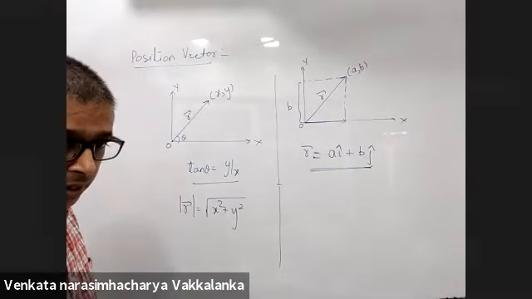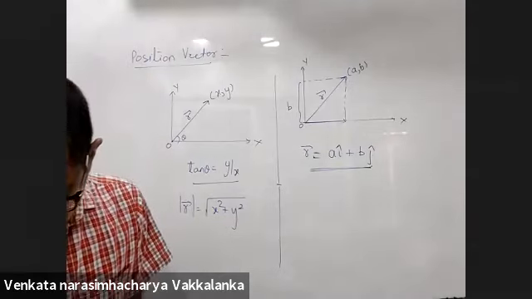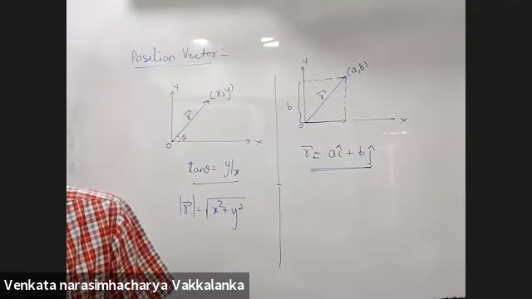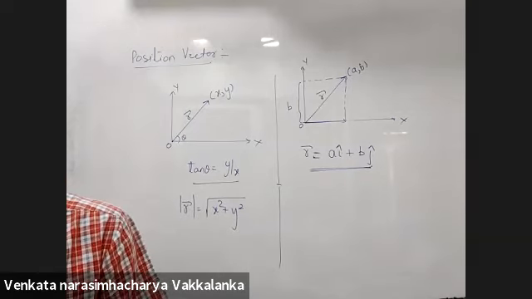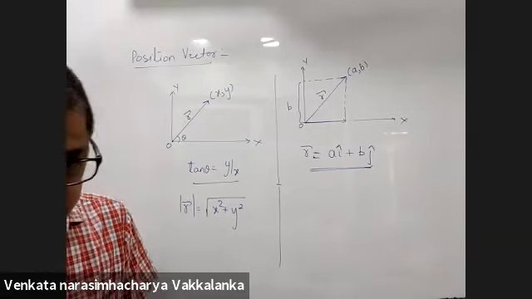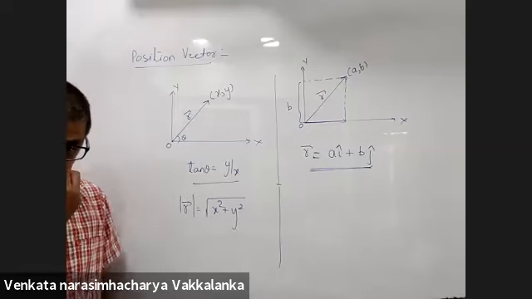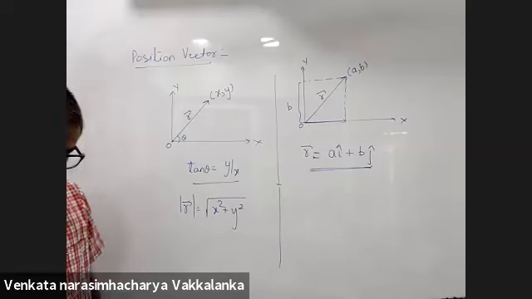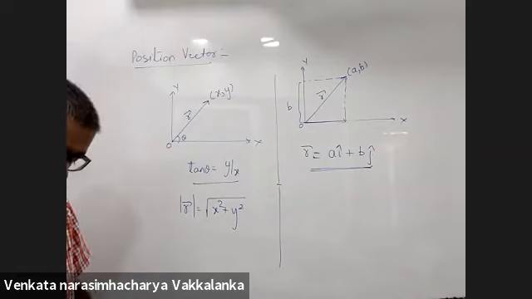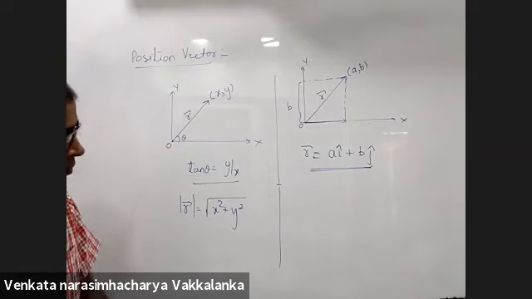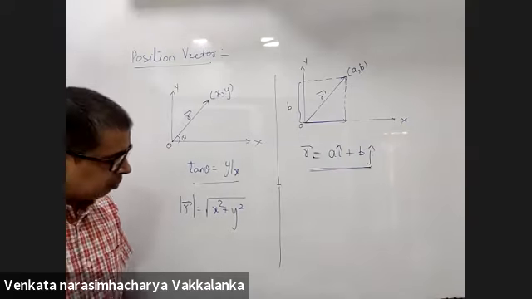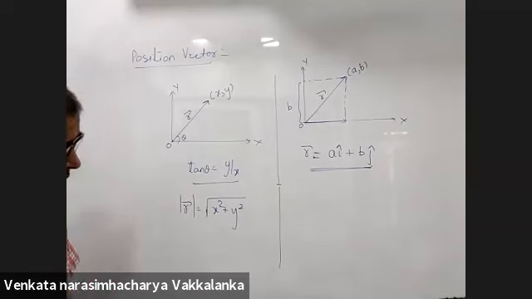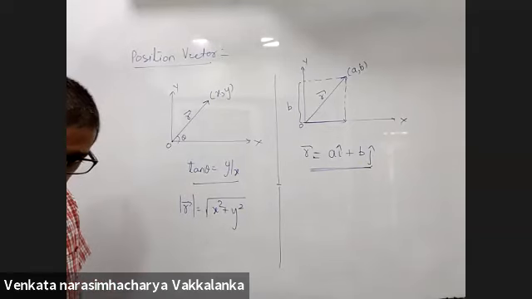Position vector is the position of the head of the vector with respect to the origin. Sir, if the vector was in x and minus y part, then it would be a i cap minus b j cap, right?